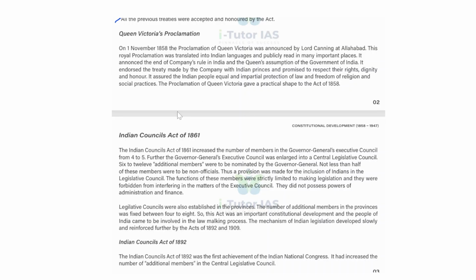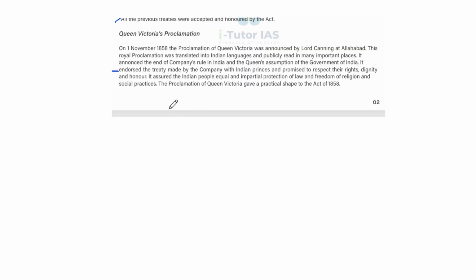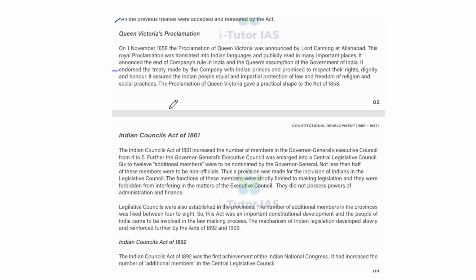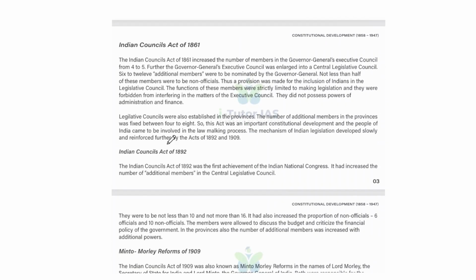It announced the end of the Company's rule in India and the Queen's assumption of the Government of India, and it endorsed the treaties made by the Company with the Indian princes and promised to respect their rights, dignity, and honor. It assured the Indian people equal and impartial protection of law and freedom of religion and social practices. The proclamation of Queen Victoria gave practical shape to the Act of 1858.